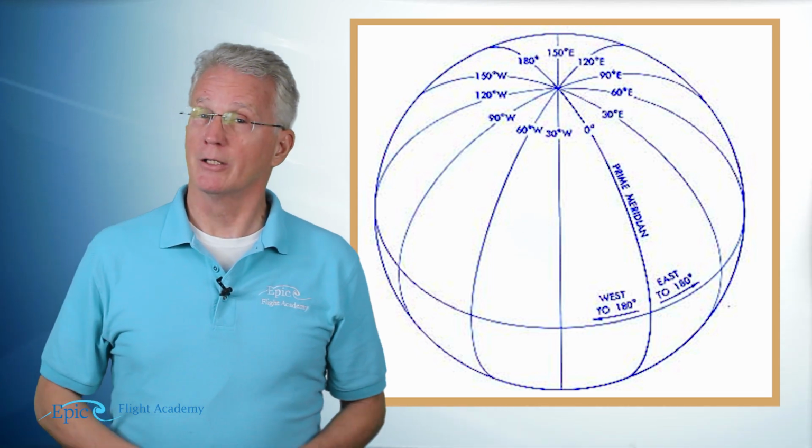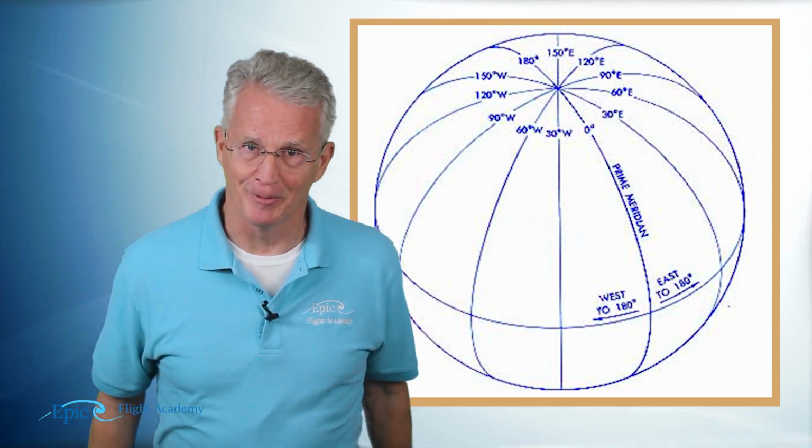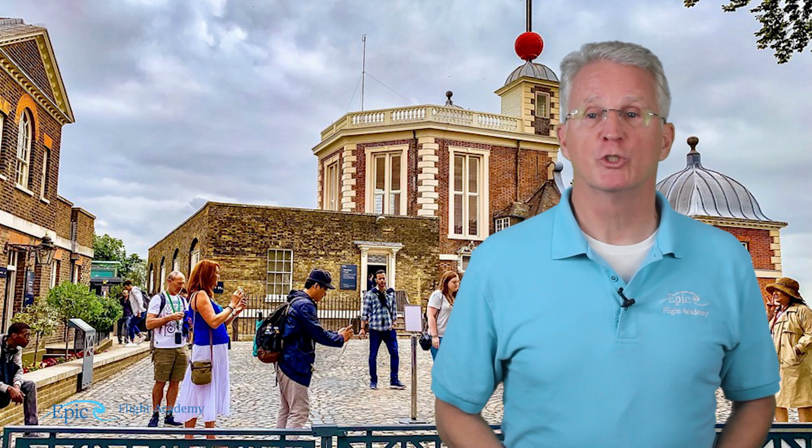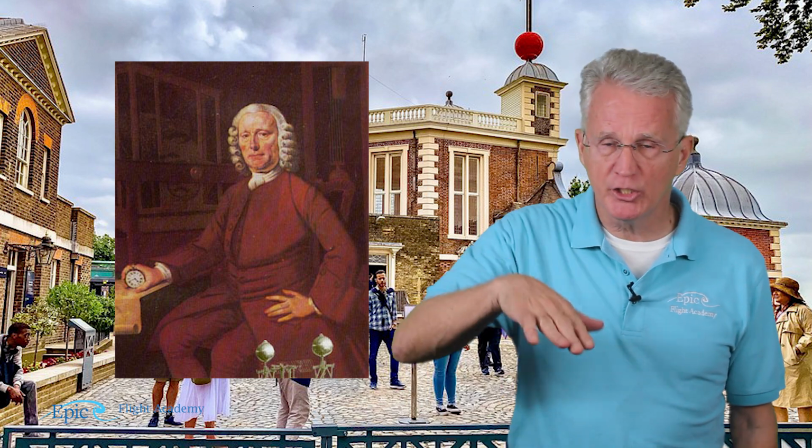Now, here's a little bit of navigation history for you. A carpenter from Greenwich by the name of John Harrison invented a seagoing chronometer. In other words, a clock that kept accurate time on a pitching and rolling ship.